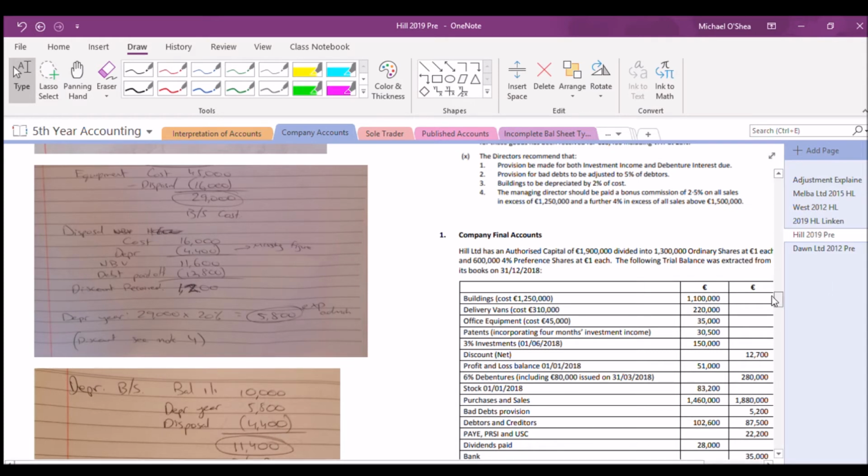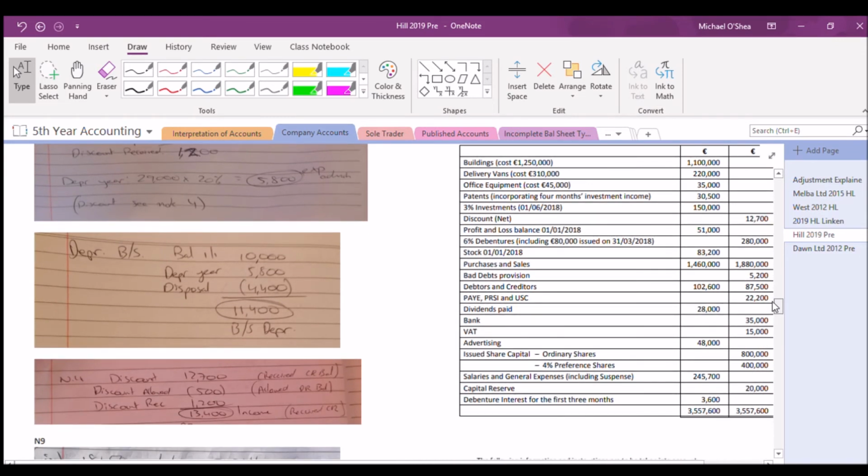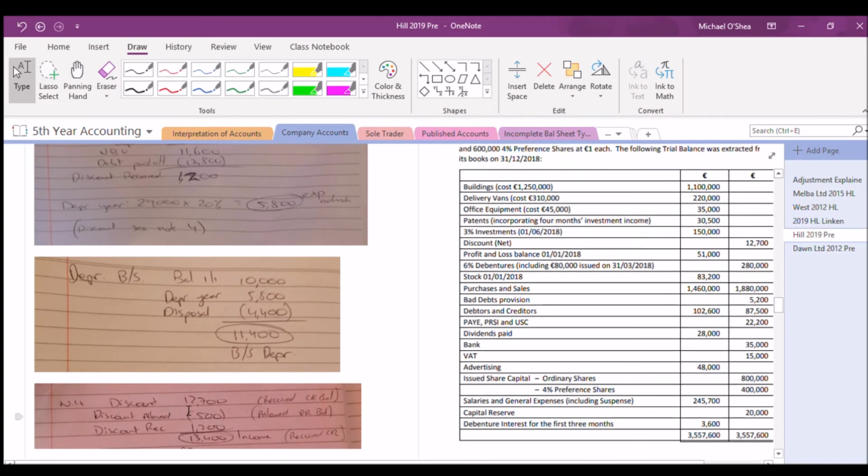And the very last part of this is going to be the discount. So we've already changed discount above in note 4. There was €500 we took out. I'm going to add 1,200 on here because this is discount we received, which is positive, and the figure already in there was discount. Where's my discount? It was 12,700, which is on the credit side, so it's discount received.